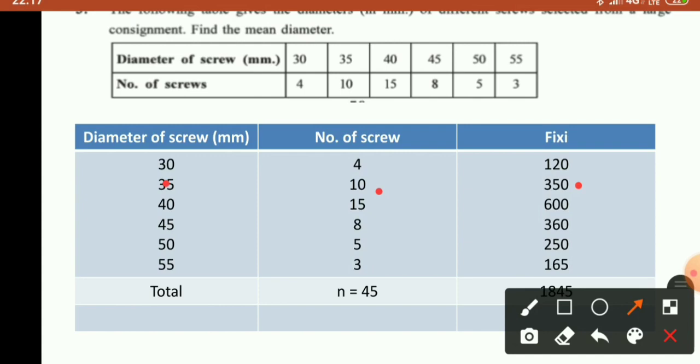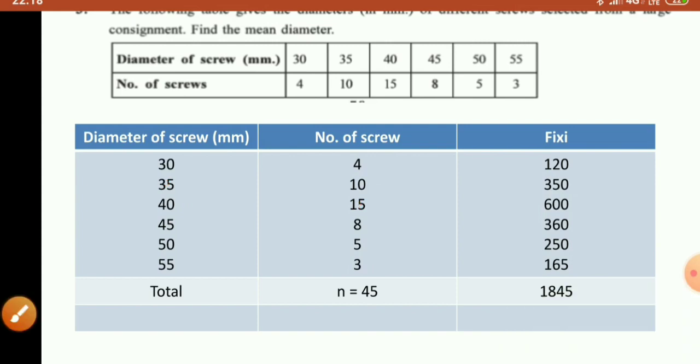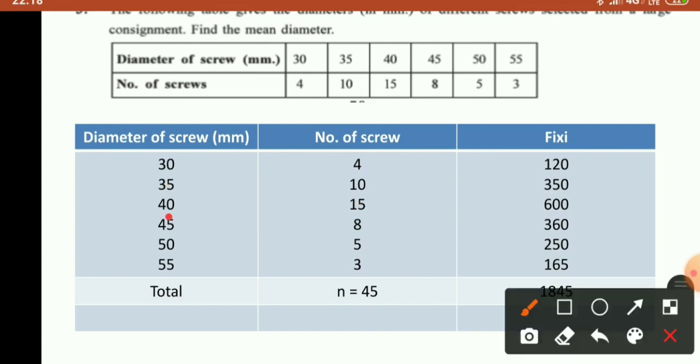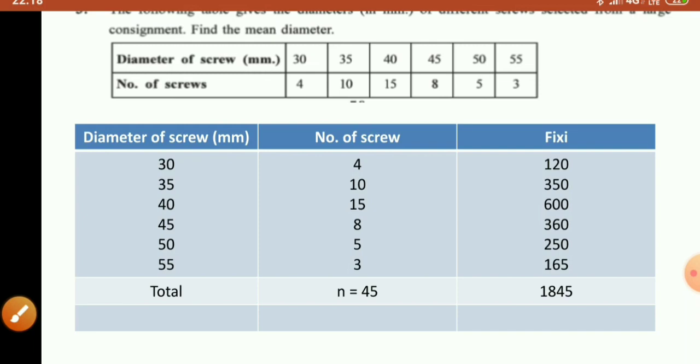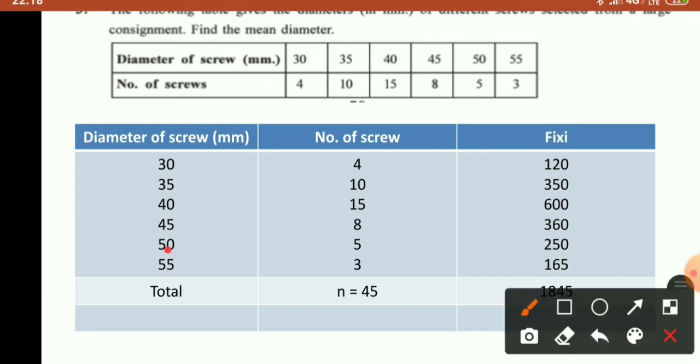Next is 40 multiplied by 15, which is 600. Then next is 45 multiplied by 8 is 360. Then next is 50 multiplied by 5 is 250. Then 55 multiplied by 3 is 165.